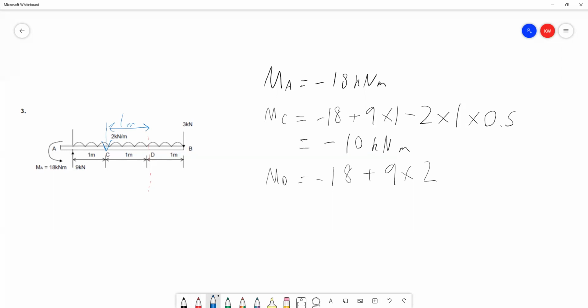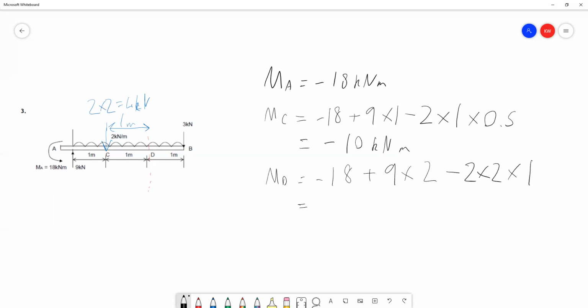And the force that's being applied, well, again, we've got 2 kilonewtons per metre times 2 metres of distance in total is 4 kilonewtons. So in our diagram here, we're subtracting, remember, and it's 2 kilonewtons per metre times 2 metres times the point it's applied at, which is 1 metre.